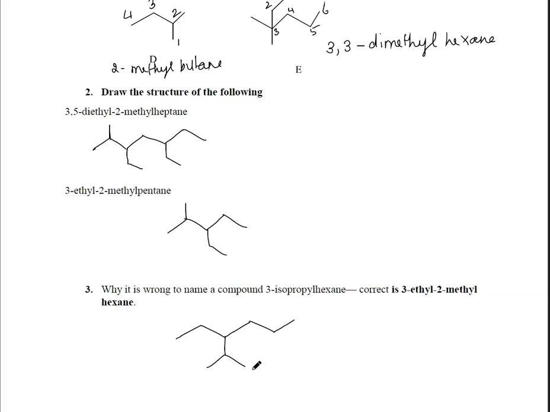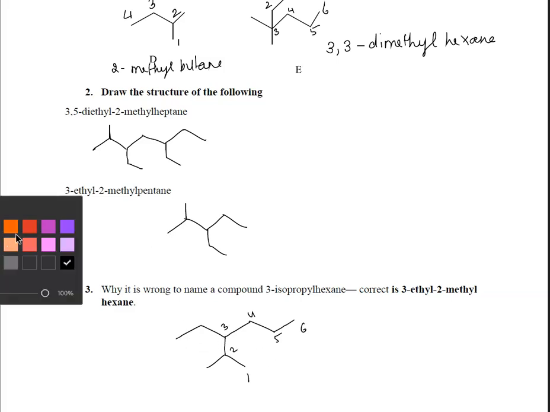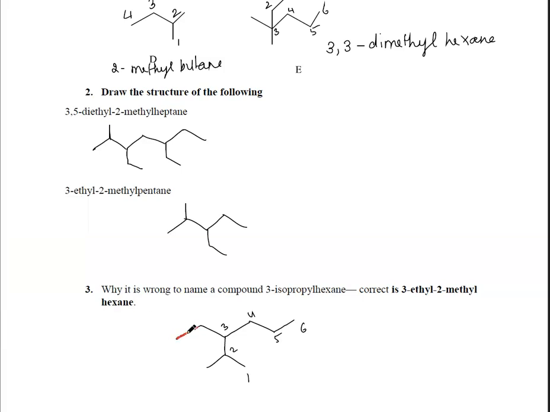Because actually, if you number this compound from this side, it is 1, 2, 3, 4, 5, 6. The rule in IUPAC nomenclature is that you should choose the chain which gives the largest number of substituents. So instead of using the chain which I'm highlighting in red, you will not use the red colored chain as the parent chain.